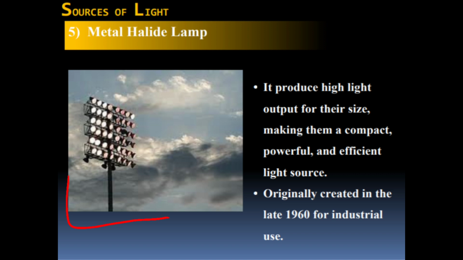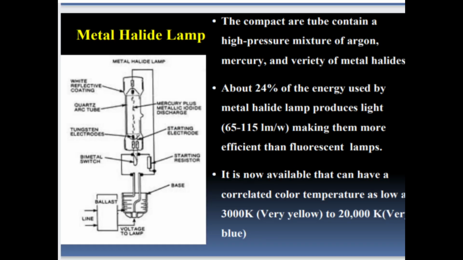Here see the construction of the metal halide lamp. The compact arc tube contains a high pressure mixture of argon, mercury and a variety of metal halides. About 24% of the energy used by a metal halide lamp produces light, 65 to 115 lumens per watt, making them more efficient than fluorescent lamps.